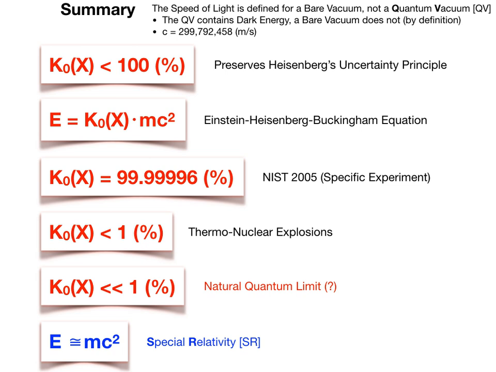This means that the true cosmological speed limit may actually be less than c. Remember, the Heisenberg uncertainty principle excludes the possibility of measuring the defined value of c to an infinite number of decimal places. Lastly, an obvious question arises, that is, does the experimental relationship function approach a natural quantum limit?